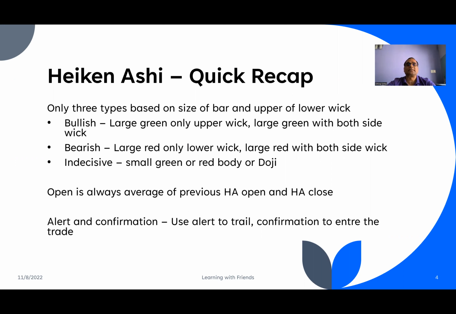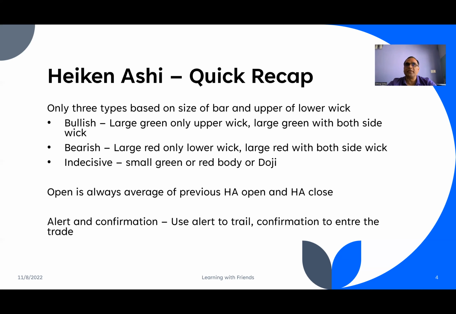There's no science as such; you can determine it based on your visual observation. Then you need to look at whether there are upper wicks or lower wicks on that candle. The way it works is that if we are in a bullish trend, we are forming strong green candles, and there is only an upper wick.